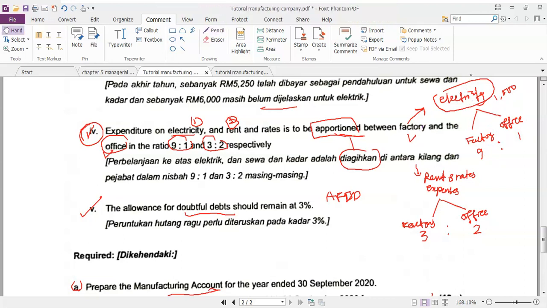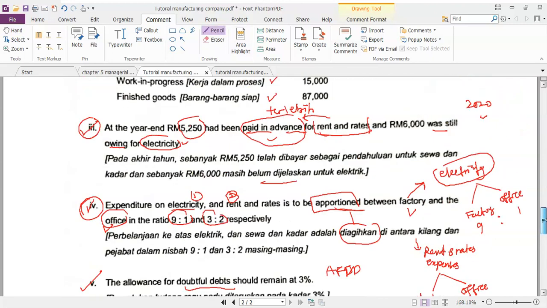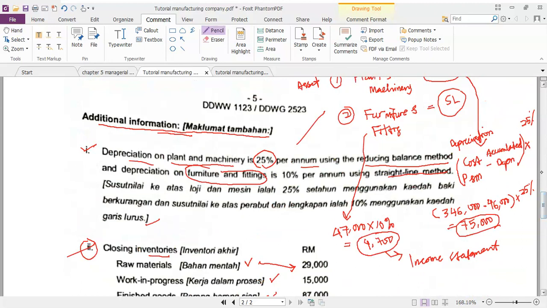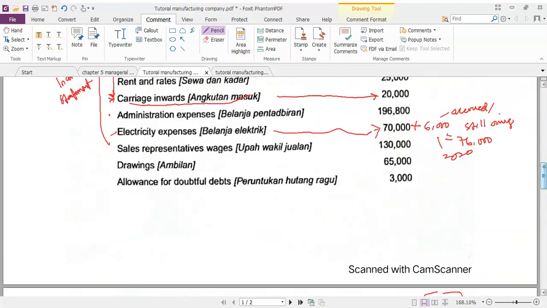So if the electricity amount is 76,000, right? So we found out before this, after we consider still owing and also accrual, prepaid in advance. So the total electricity is 76,000. Okay?